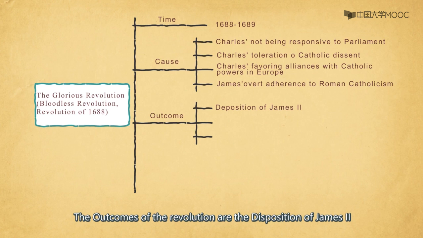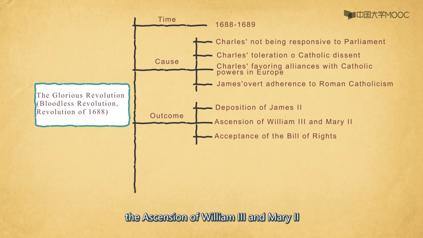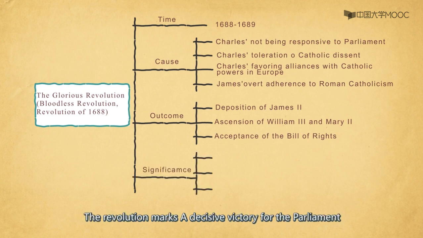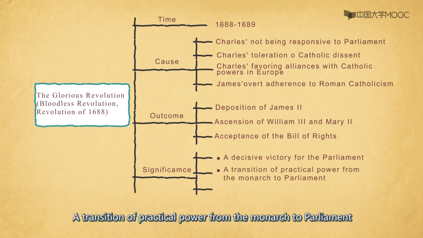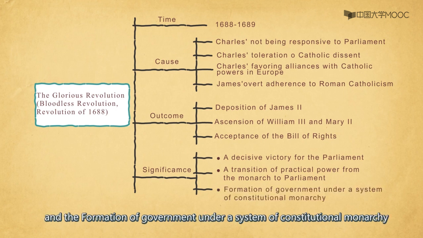The outcomes of the revolution are the deposition of James II, the ascension of William III and Mary II, and the acceptance of the Bill of Rights. The revolution marks a decisive victory for Parliament, a transition of practical power from the monarch to Parliament, and the formation of a government under a system of constitutional monarchy.